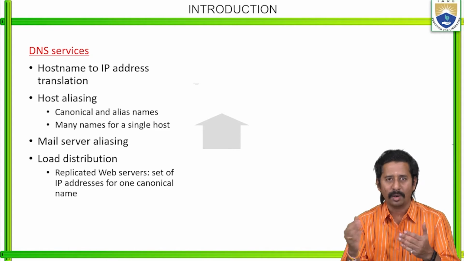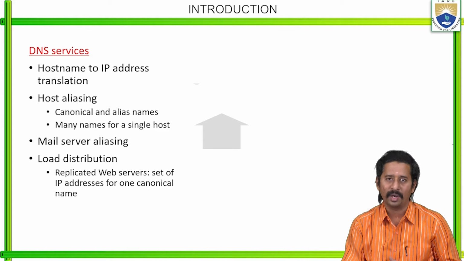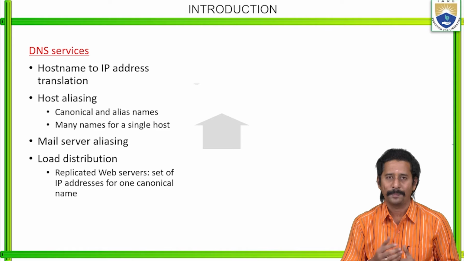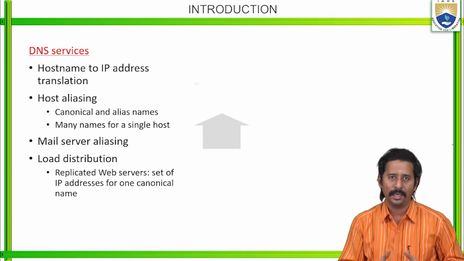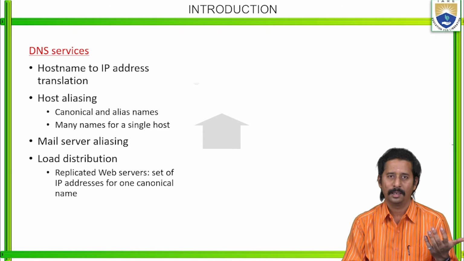We don't want to remember all the phone numbers, just the name of that particular professor or person. For example, if I need to call my professor, I don't remember the number, I just remember the person's name.